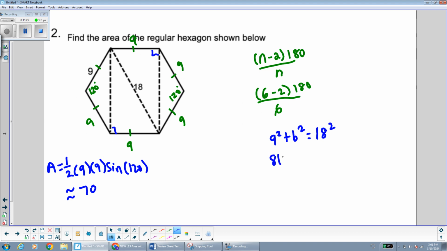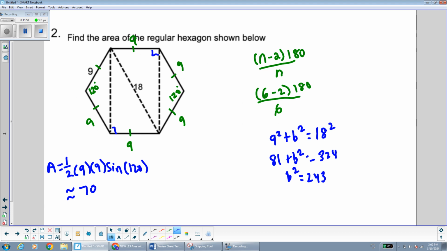So we have 81 plus b squared is equal to 324. Let me subtract 81. And we have b squared is equal to 243. I don't believe that that works out evenly. It does not. So we can simplify the radical 243.